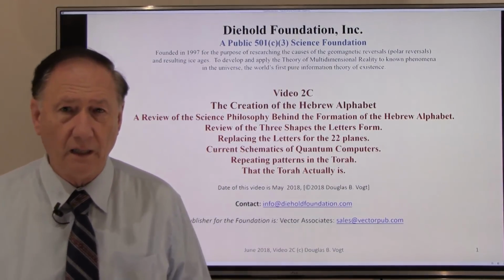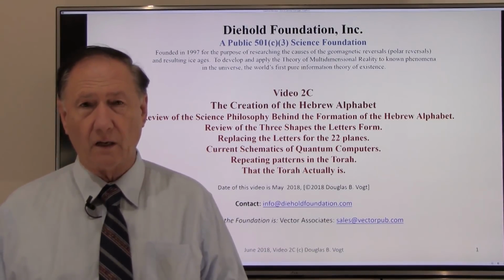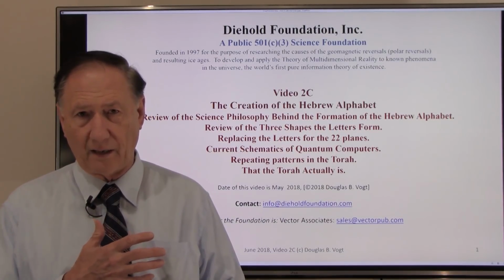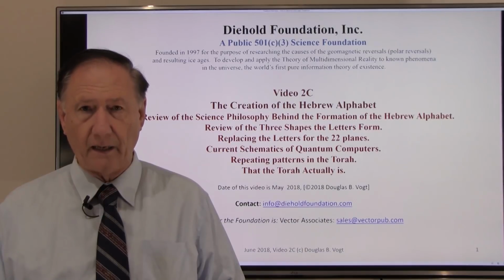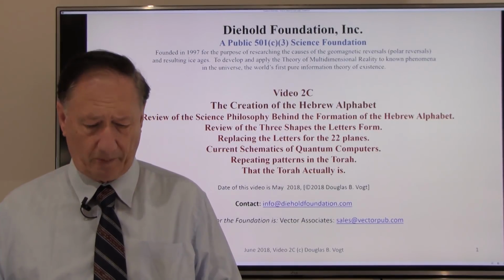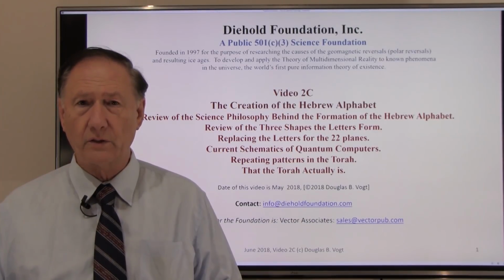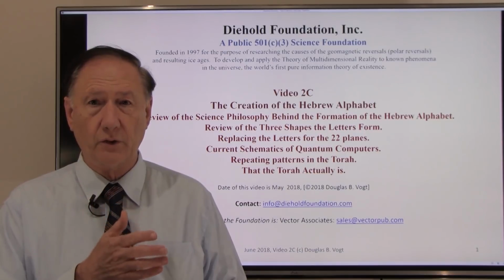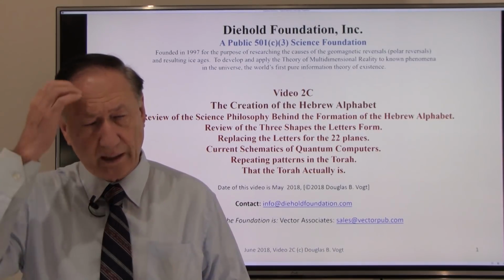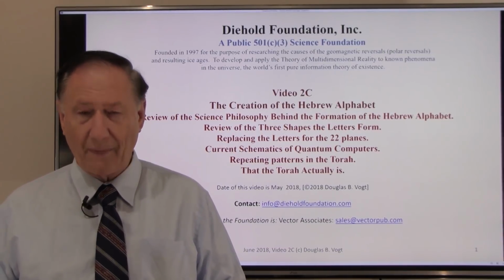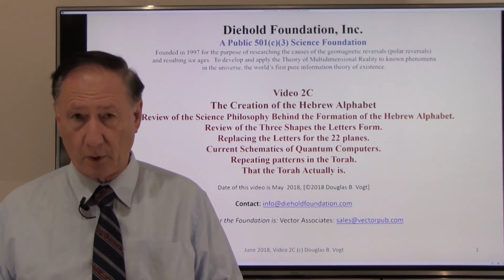So anyway, in this video I'm going to briefly go over the science philosophy that created the letters, and then the three shapes that the 22 letters form. And then we're going to replace the letters in the Torah with these 22 planes, is what they are. And then finally we're going to do the current schematics of quantum computing.